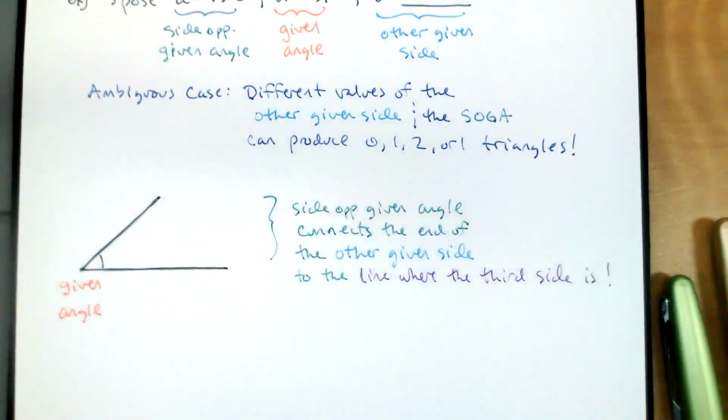It is going to have to connect the end of the other given side to the line where the third side is. That's going to be this big line down here at the bottom.